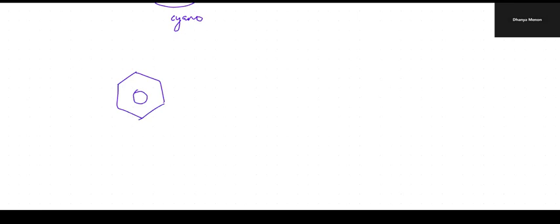Here there is an ester. So we will do some examples with ester. OCH3. This is cyanide. This is OH. So you have multiple functional groups. So one will be the primary functional group, which is ester.